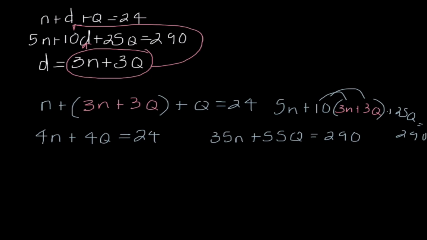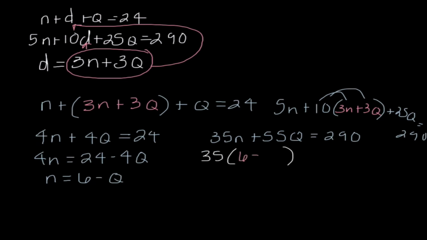So I have two equations now that both have two variables. Right now I just have N and Q. So we can solve this 2 by 2 system using whatever method we want. I'm going to stick with substitution. So I'm going to isolate this N here. I'm going to do 4N equals 24 minus 4Q, so N is equal to 6 minus Q. So in my other equation here, I'm going to write 35 times 6 minus Q plus 55Q equals 290.